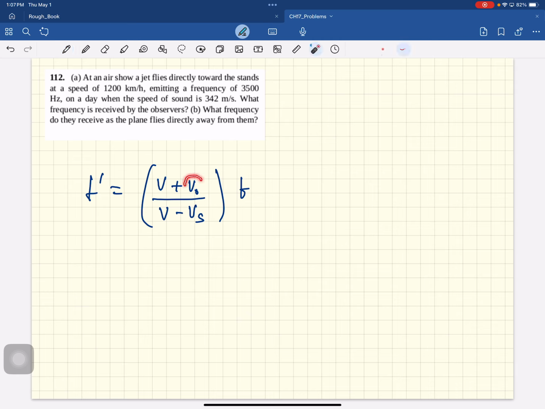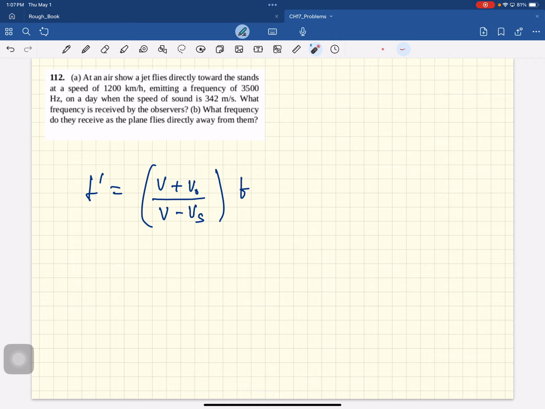Okay, the sign convention is that VO is positive when the observer is moving toward the source, and VS is positive if the source is moving toward the observer. Those things are positive when you move toward each other, and negative when you move away from each other.